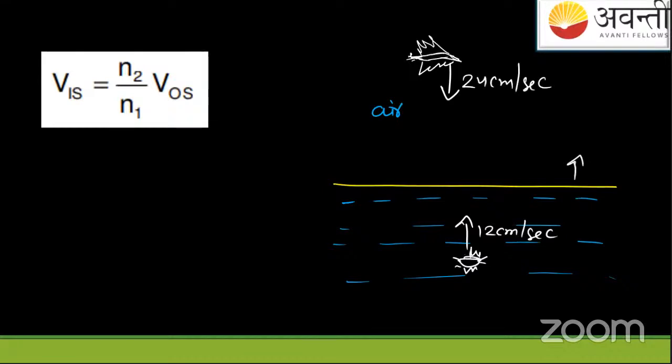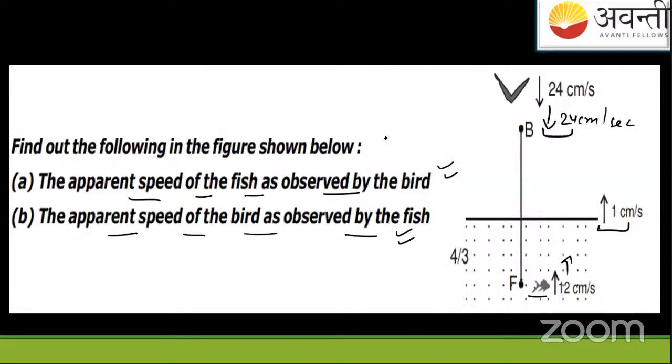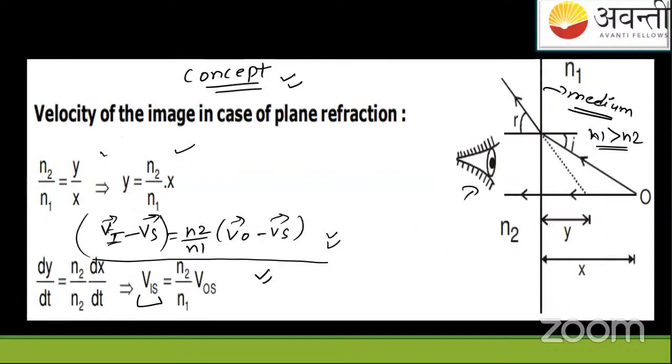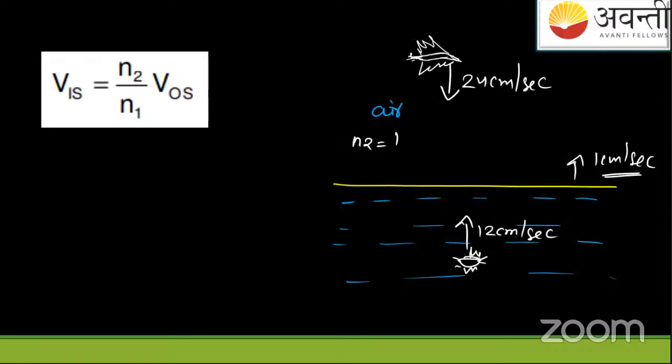And this water surface is also moving at 1 centimeter per second. So we'll apply this formula now. This is N2, by the way. N2 is 1 here, and N1 is water, 1.33.